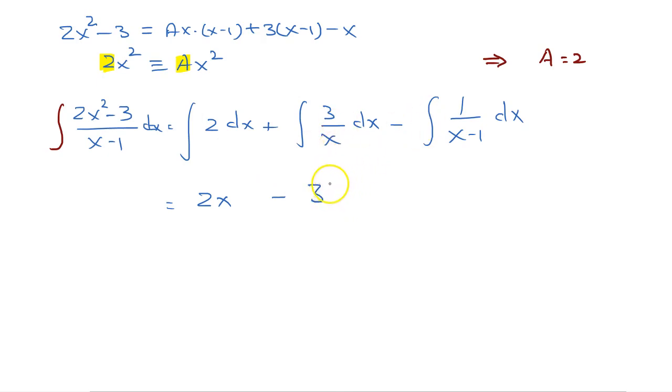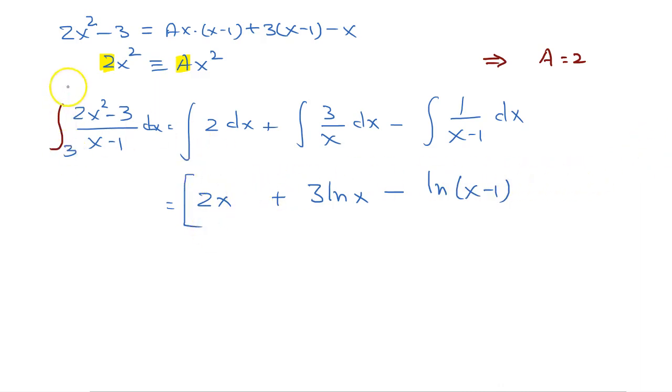So 3 ln x, this is plus 3 ln x, and this is minus ln x minus 1.